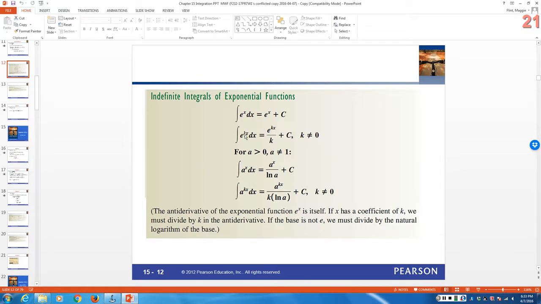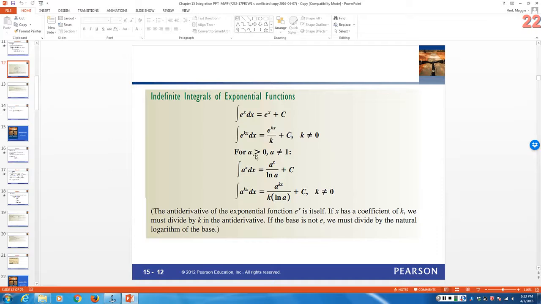If it's e to the kx, the only thing that's going to be any different is you're going to divide by the k. And remember that k can't be 0 because it's in the denominator. And in both cases, you've got a constant of integration on the end.